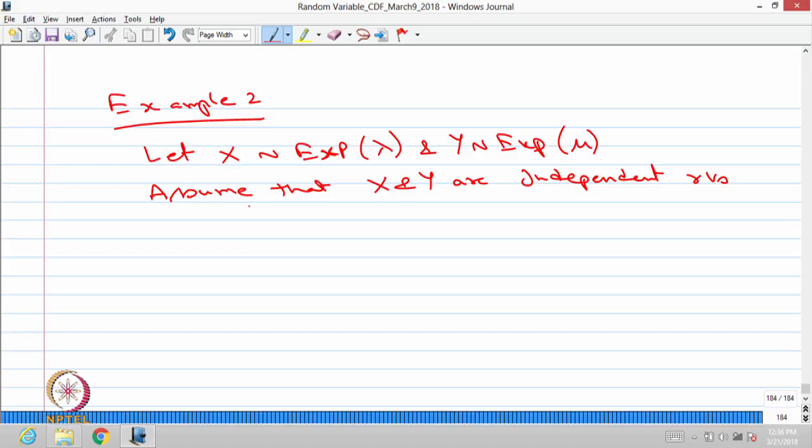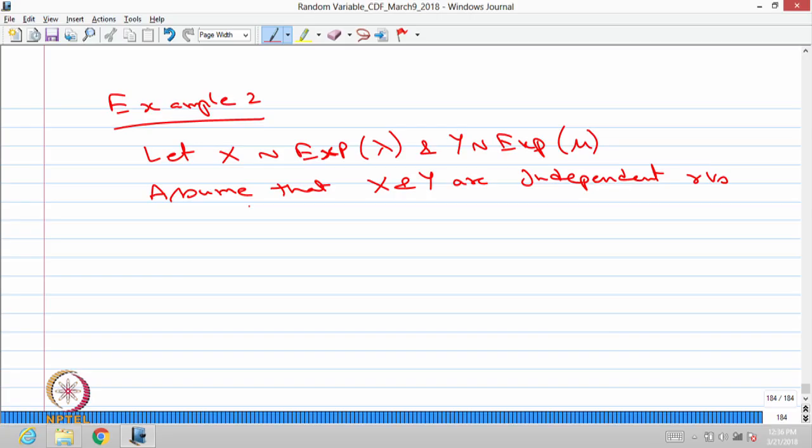We have two exponentially distributed random variables with the parameters lambda and mu respectively. Our interest is to find the distribution of the minimum of x comma y.